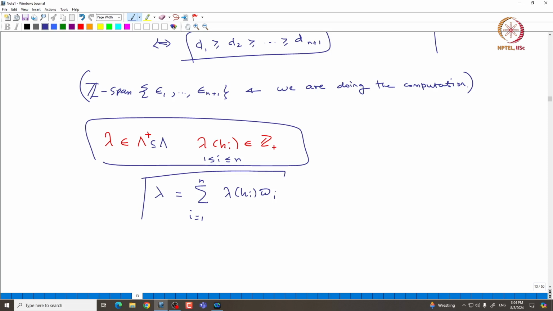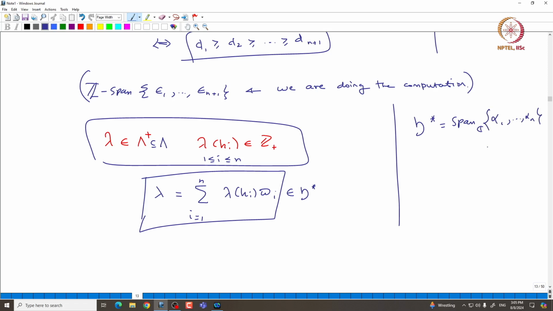This is a well defined element in h star, because h star is nothing but the span of alpha 1 etc. alpha n, where alpha i is given by epsilon i minus epsilon i plus 1, indeed with the bar. Okay, so let us start putting the bar.